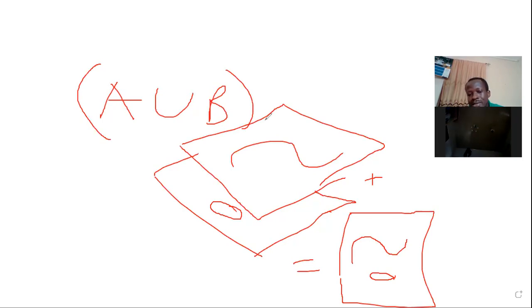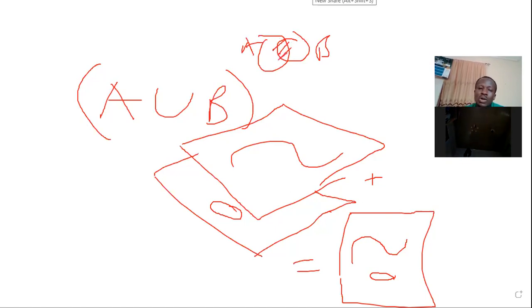I never write this in the notes, but this is what is actually happening. It's like what we used to do in maths when we do A union B. Now A intersection B will be here. That can also be described in terms of trying to find out which constituencies will be affected if a certain gas pipeline project is undertaken. Then you have to overlay and find a common area.